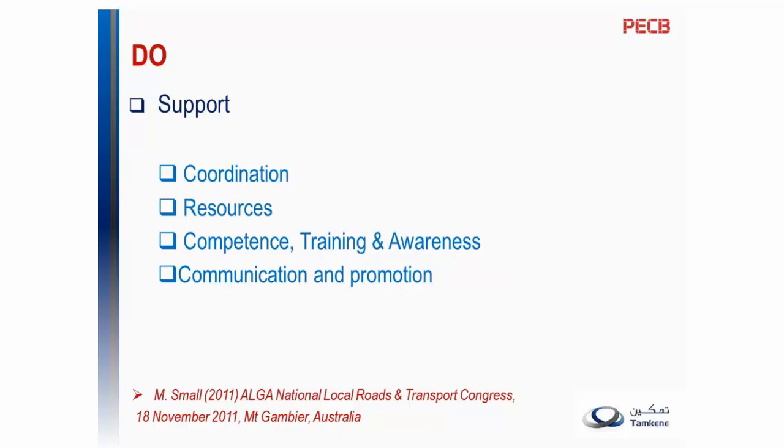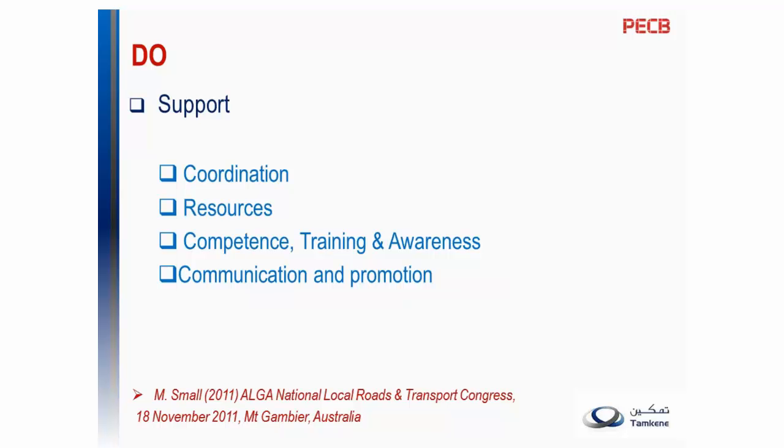Moving on to the do part, the management should basically coordinate this system as the typical QMS requires, that a good communication flow, coordination among different levels of the organization should be ensured.